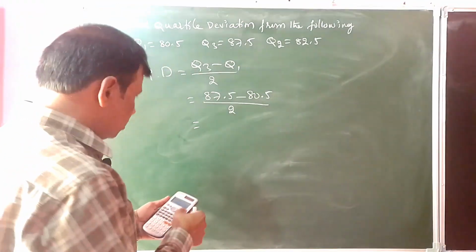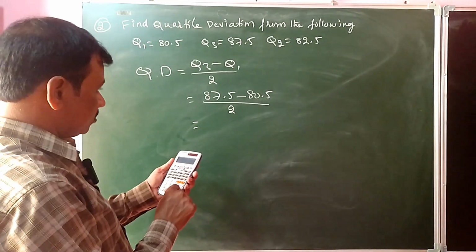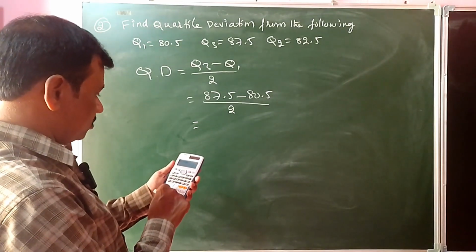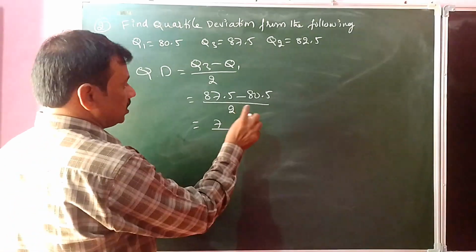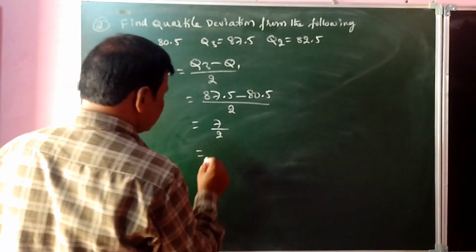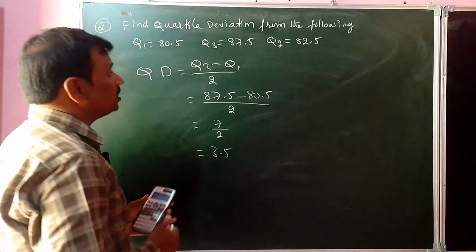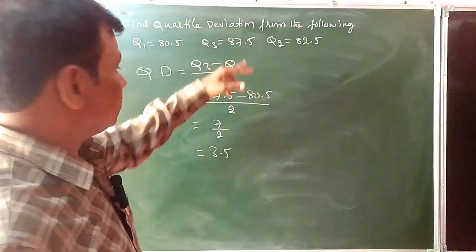87.5 minus 80.5 is 7. So 7 divided by 2 is 3.5. In this question they are asking only for the quartile deviation.